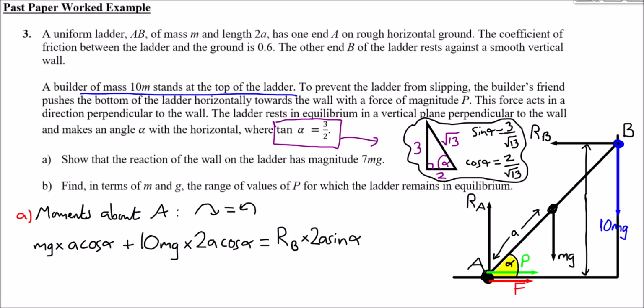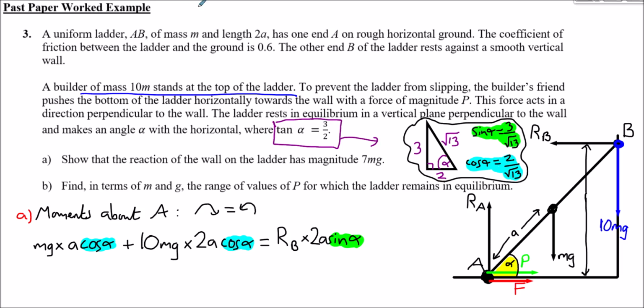But now we can use what we worked out earlier in this little triangle here. So what we did is we actually thought about what sin alpha would be in terms of tan alpha. Sin alpha we can replace with root 3 over root 13, and in the same way we can replace cos alpha with 2 over root 13.